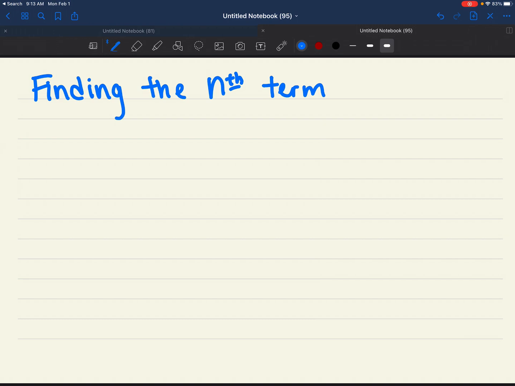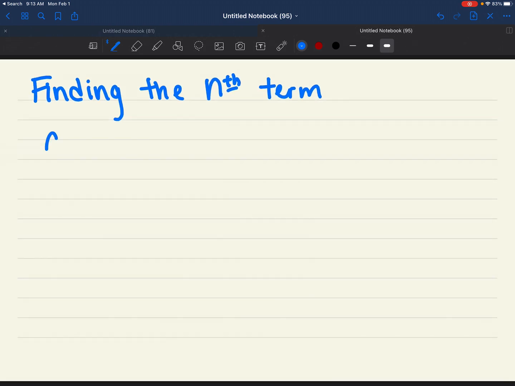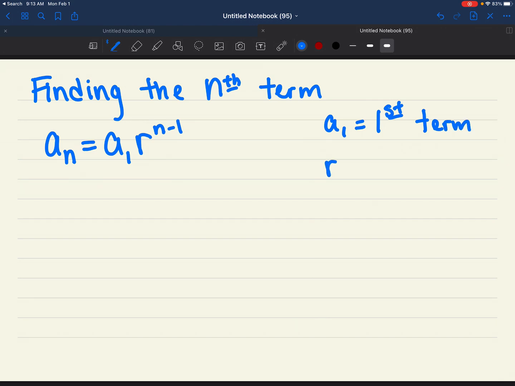Okay, so if it asks you to find a specific term in a geometric sequence, this is the formula that we're going to use. a sub n is equal to a sub 1 times r to the n minus 1 power. a sub 1 is just the first term in your sequence. r is going to be the common ratio.